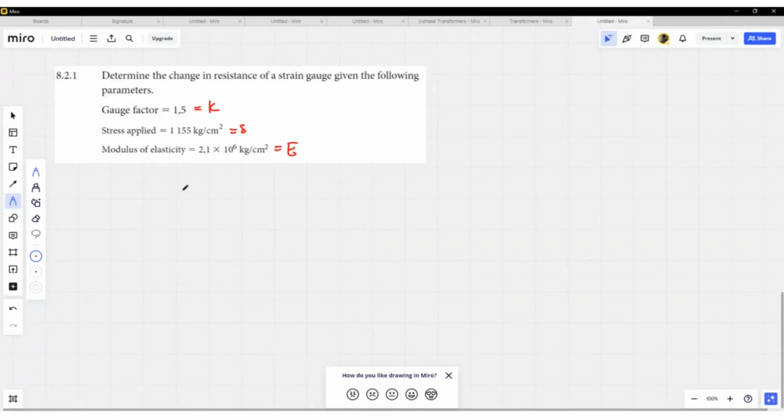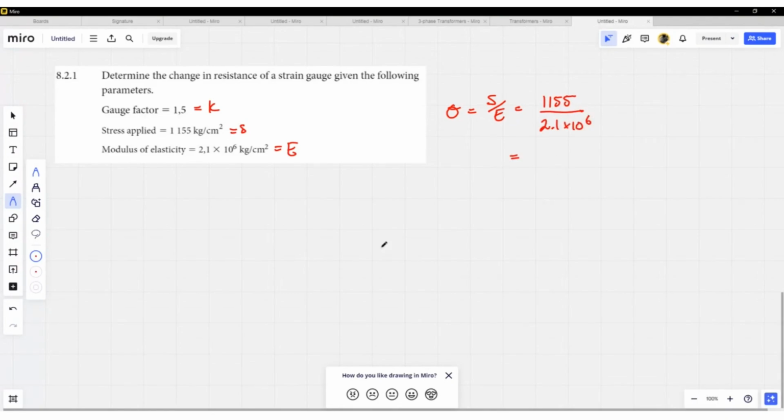Right, so the strain is going to be S over E. In this case, that's going to be 1155 over 2.1 times 10 to the 6.